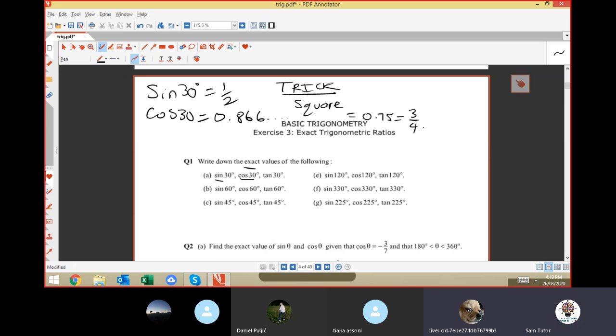Daniel, how'd you get 0.75? You've got to square this term. So you press cos 30 in your calculator, press equals, and then square that term. Are you there yet, or stuck? Press cos 30 and press equals.